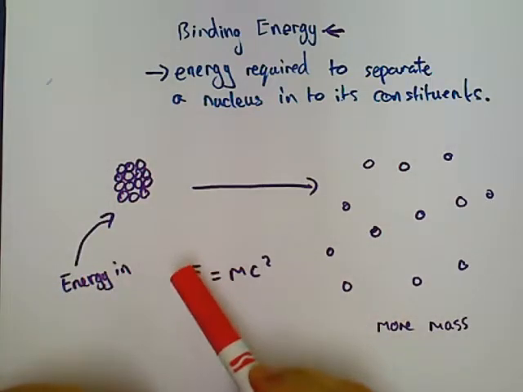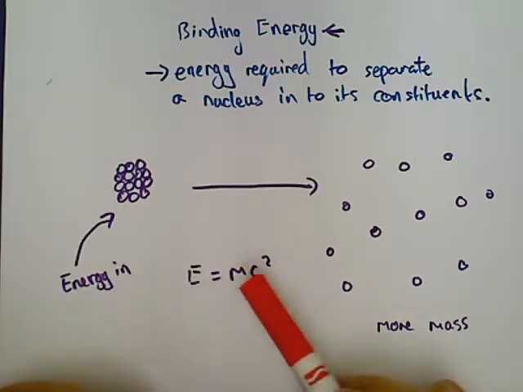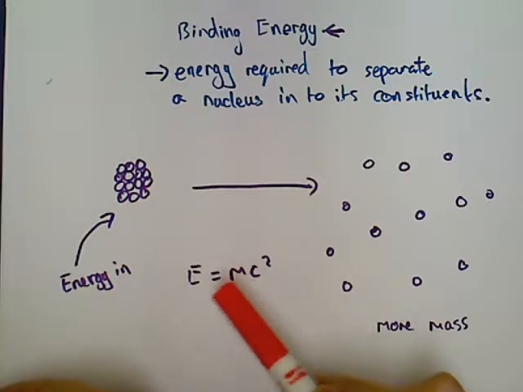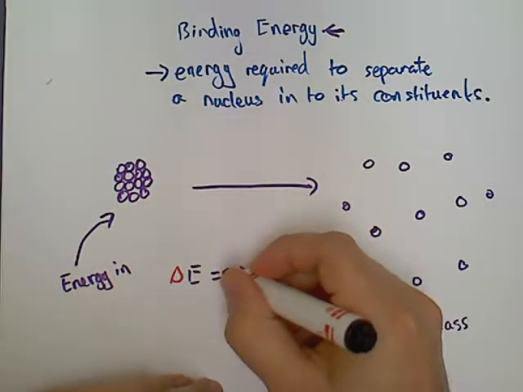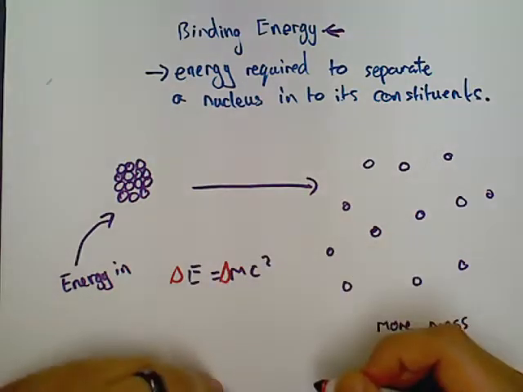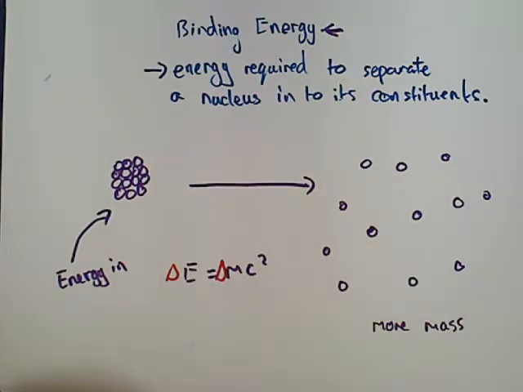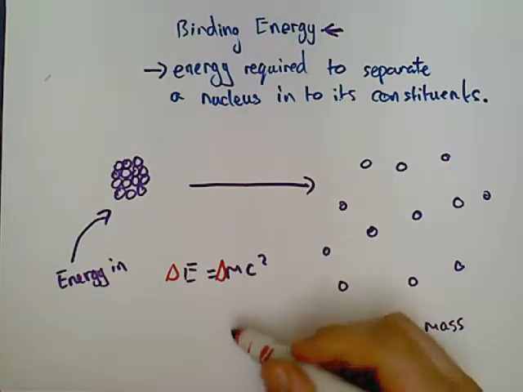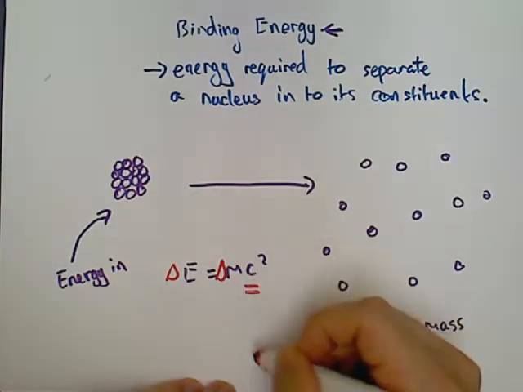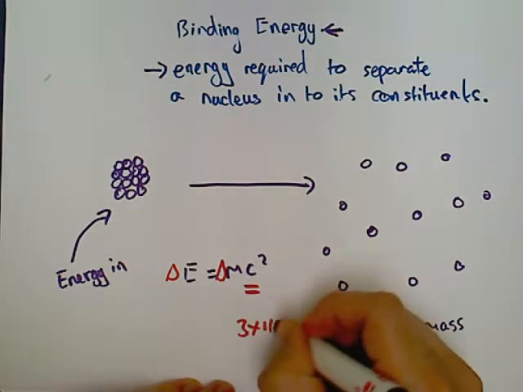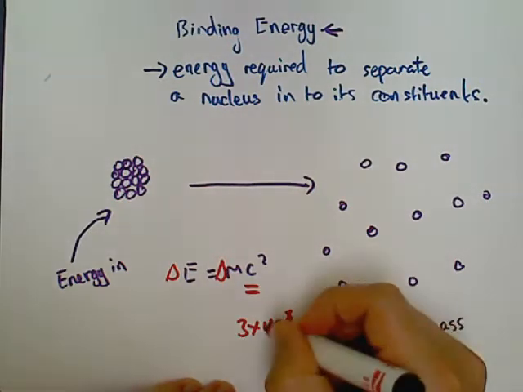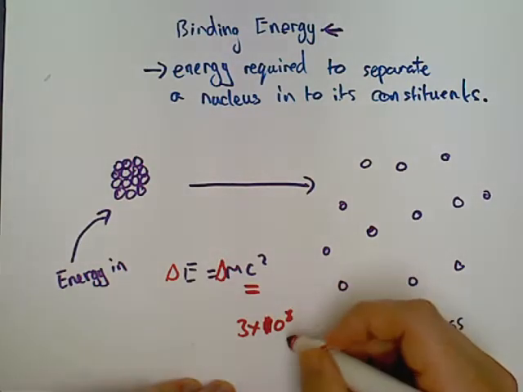If you have a certain amount of energy that you've got, it's come from a change in mass. So actually, the change in energy is equal to the change in mass times by c squared. And that's often how we write this equation to be a bit more correct. And notice the c squared value there. This c is the speed of light, which is 3 times 10 to the 8 meters per second.